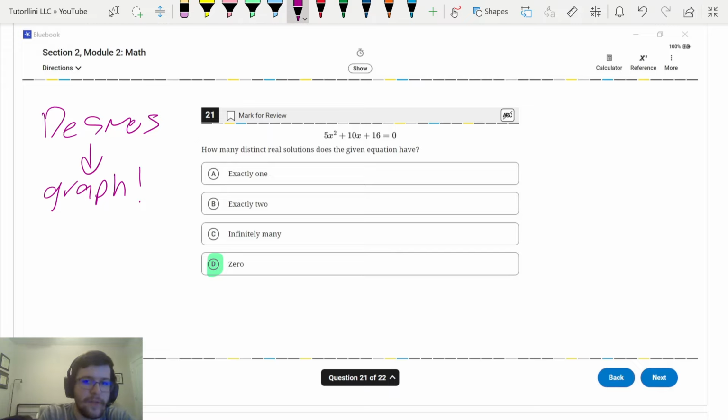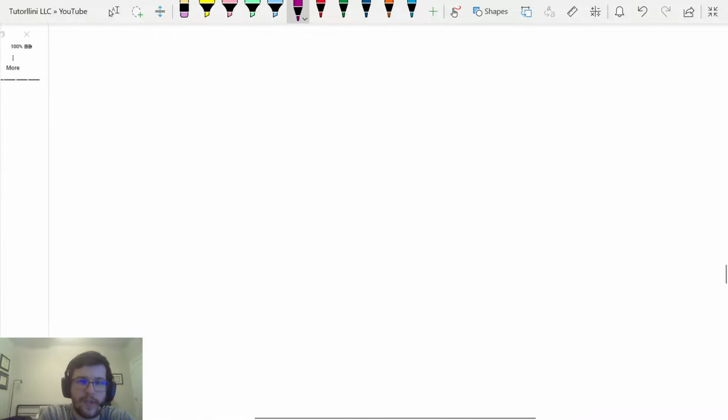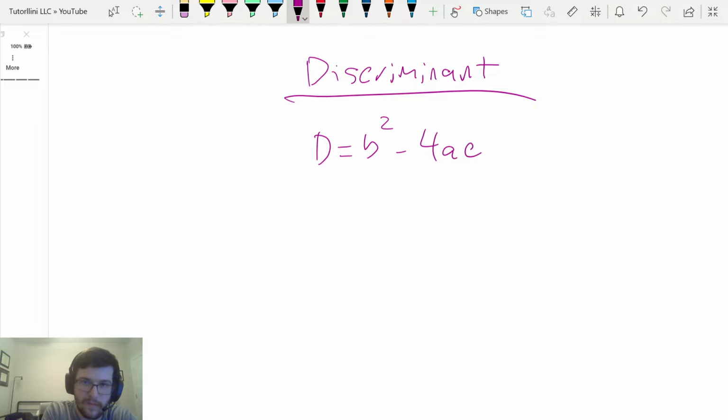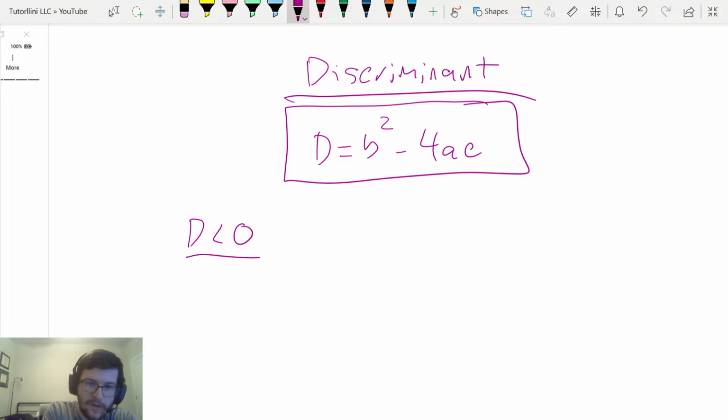That's it. I'll go over the discriminant really quickly. So the discriminant, this is how you do it by hand. So D equals B squared minus 4AC. So when D is less than 0, there's no real solutions.